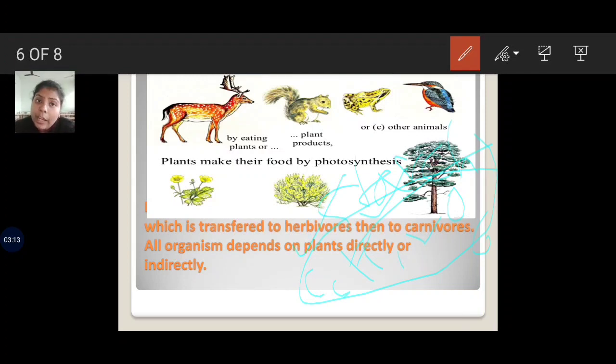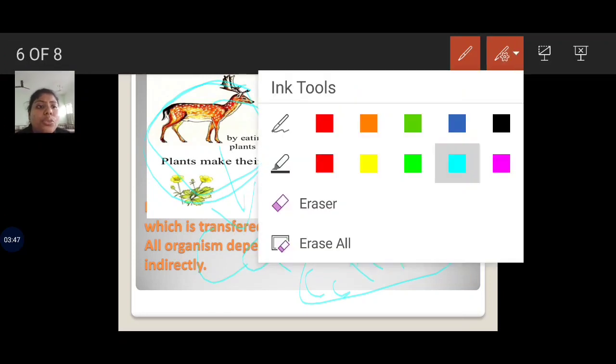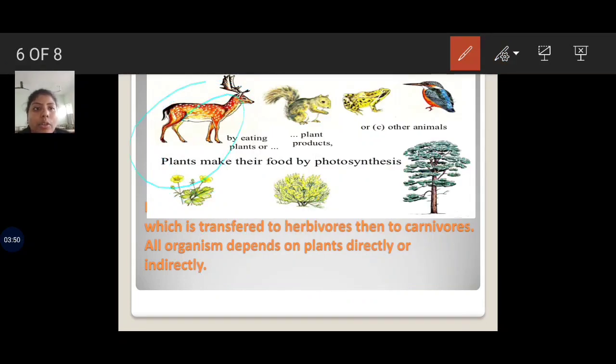But what if we don't eat it directly? There are certain other organisms or animals that obtain this starch indirectly. How? Because there are herbivores. What are these herbivores? That means plant eaters. These herbivores basically eat up the plant. And when these herbivores are eaten up by the carnivores, automatically the nutrition transfers from the herbivore into the carnivore.